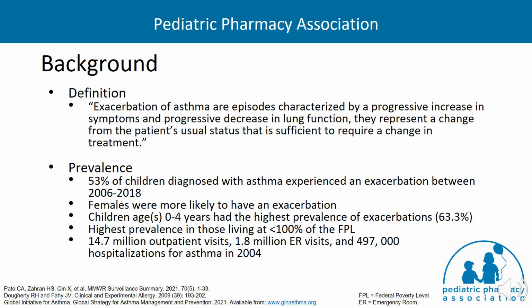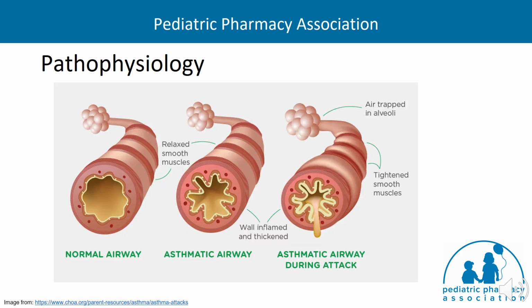The highest prevalence of those with acute asthma exacerbations are those living under 100% of the federal poverty limit, and 14.7 million outpatient visits, 1.8 million ER visits, and 497,000 hospitalizations were due to acute asthma exacerbations in 2004.